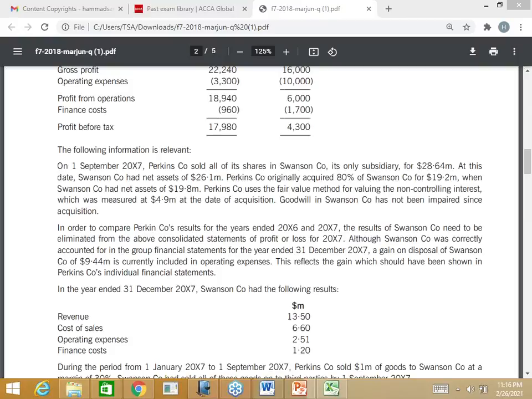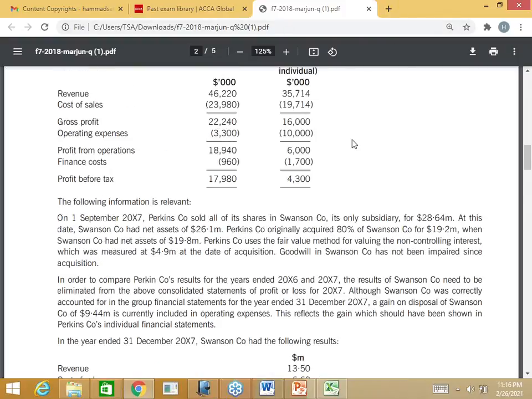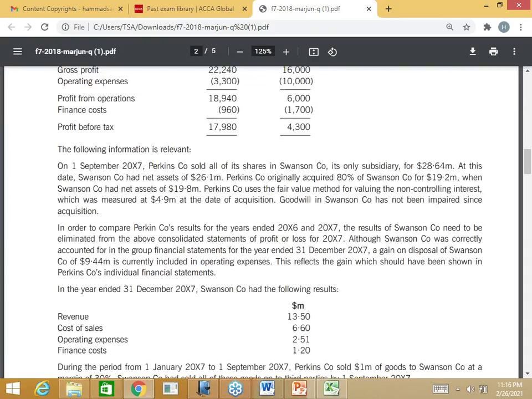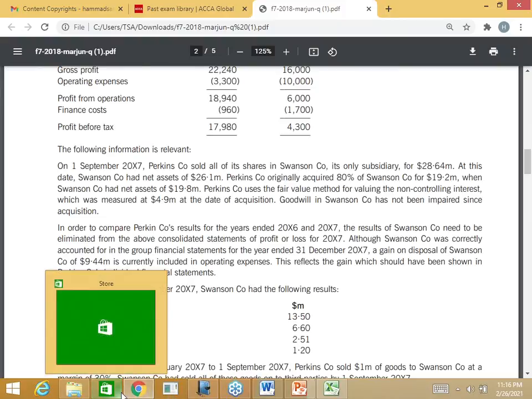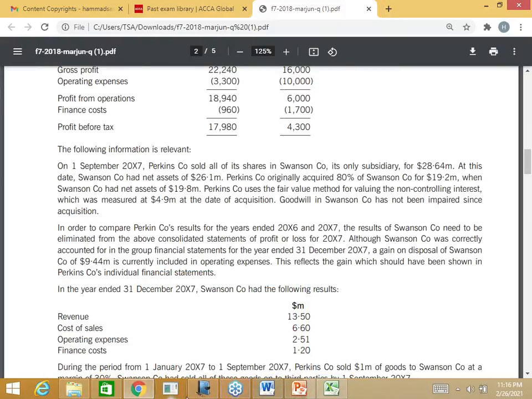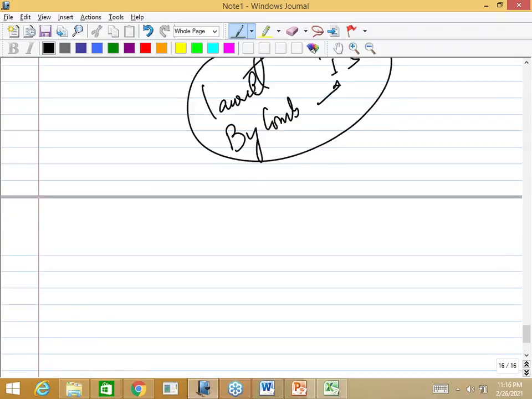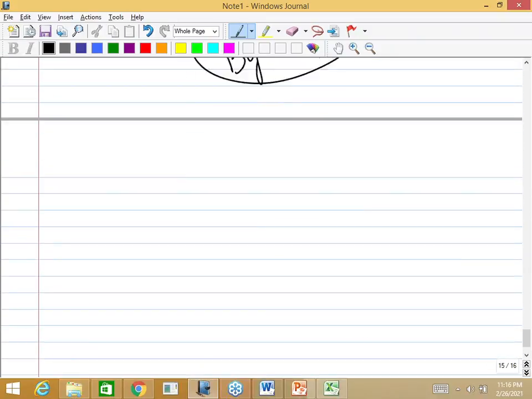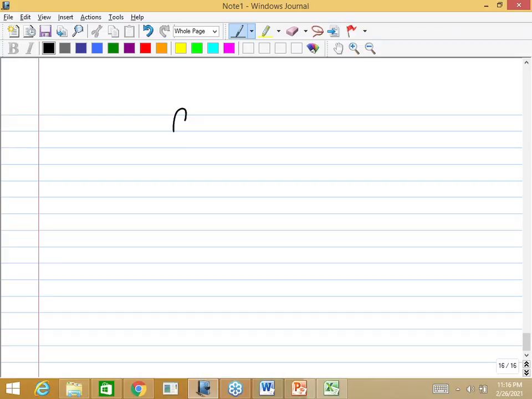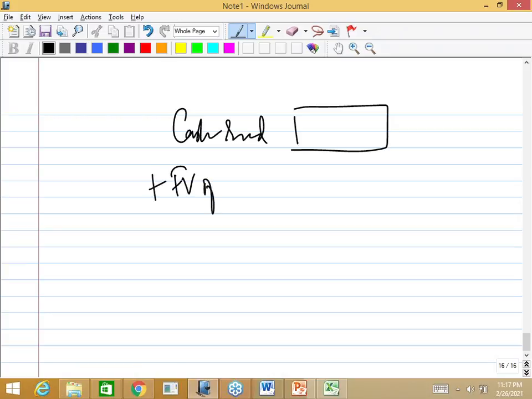Now the question says that on 1st September 2007, Perkins sold all of its shares in Swenson. So when you are selling all of its shares, it means the cash received has a value, but the fair value of the investment retained is 0.